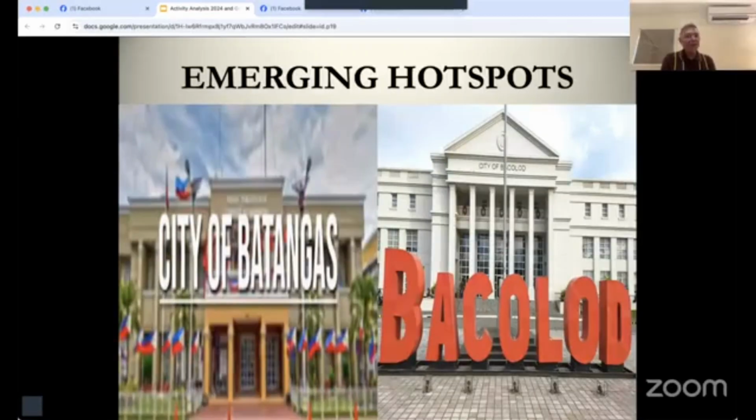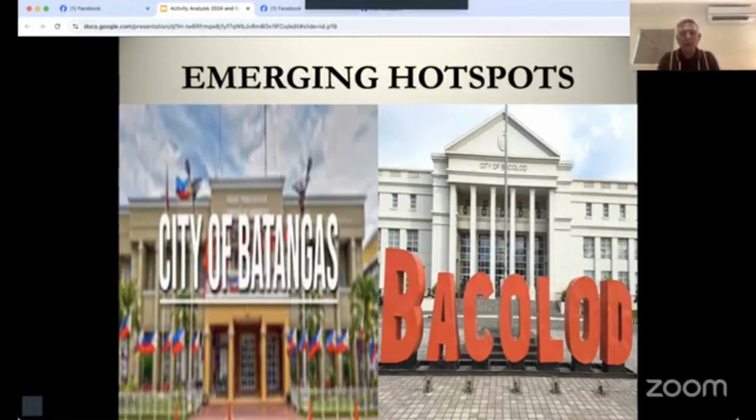Batangas. Gosh, if you haven't driven to Batangas lately, I guess they've got one of the most developed bypass roads. There are so many. They cut through, just shortcuts, going to Calatagan, going to Batangas City.